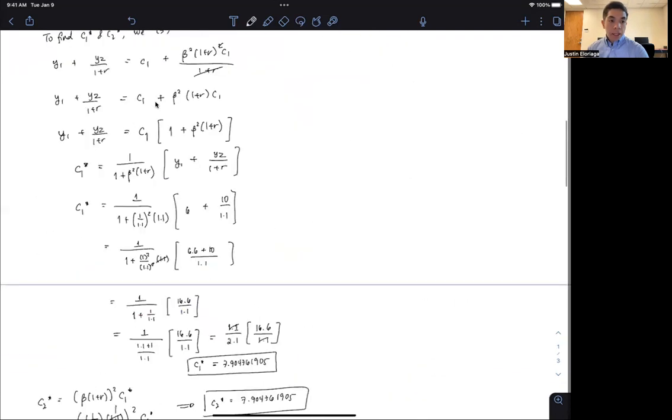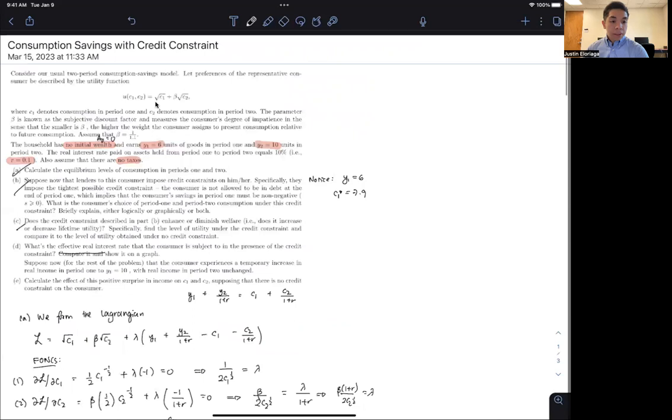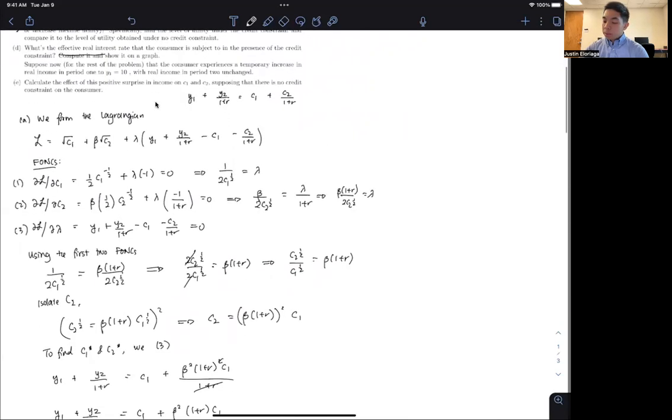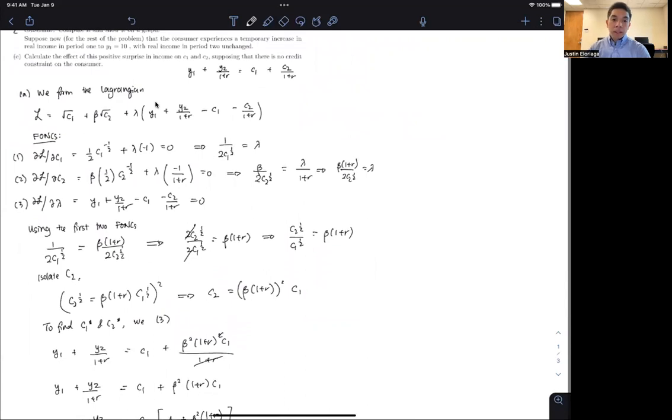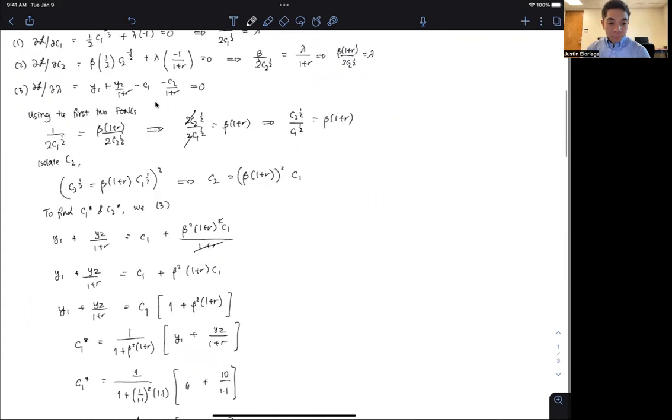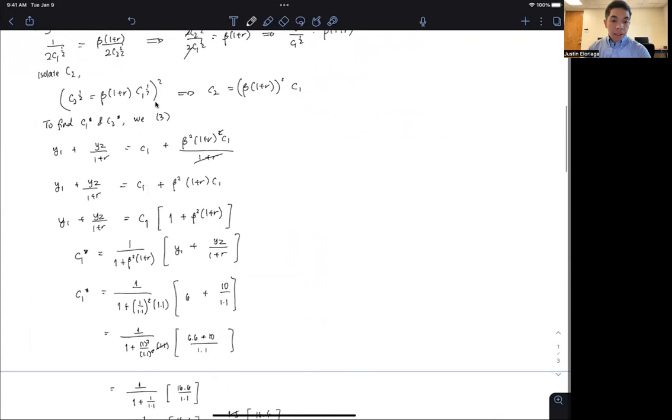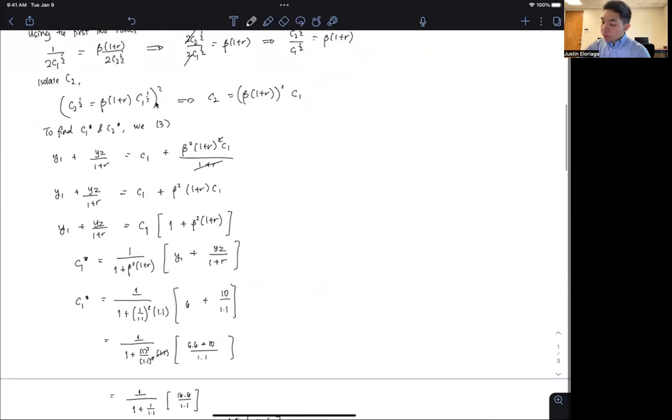Now, the last item is, if the consumer experiences a temporary increase in real income, what would happen? This is just an extension of letter A. If you recall, we were able to derive this C1 formulation.